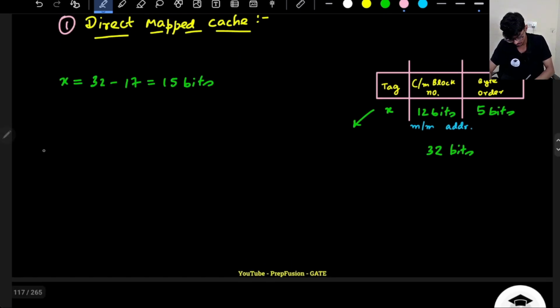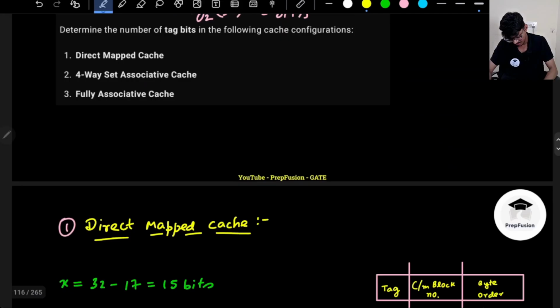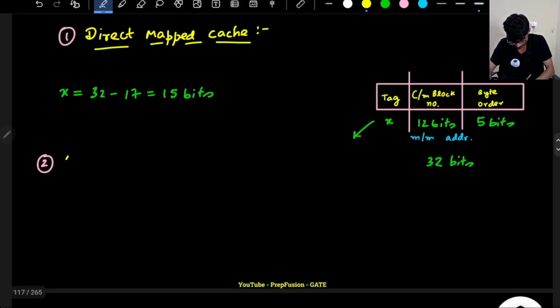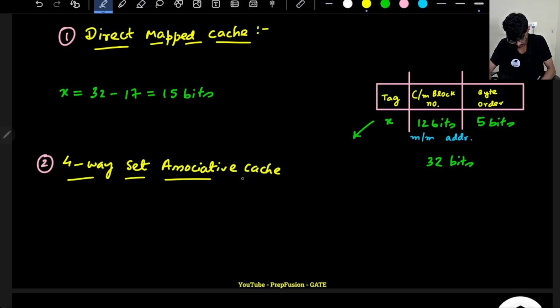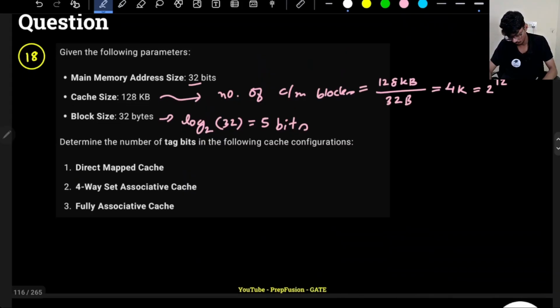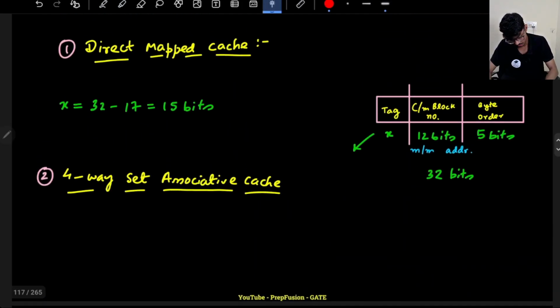If it is a four-way set associative cache, it will be like this, I will just copy this whole thing.